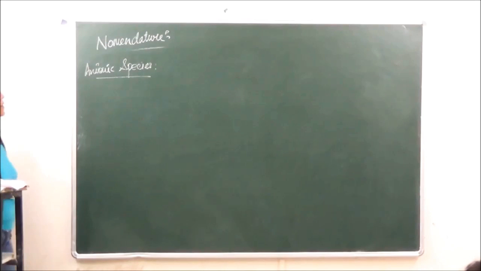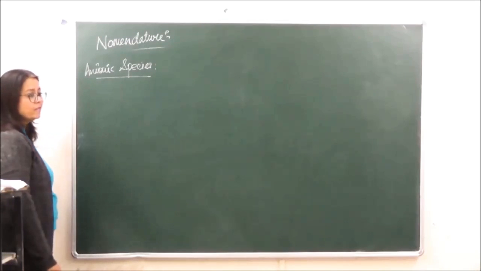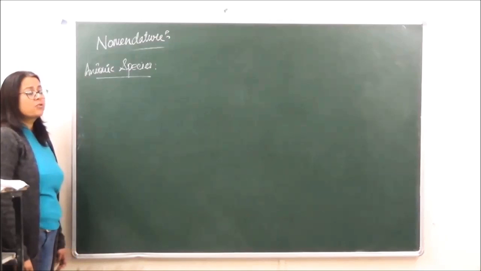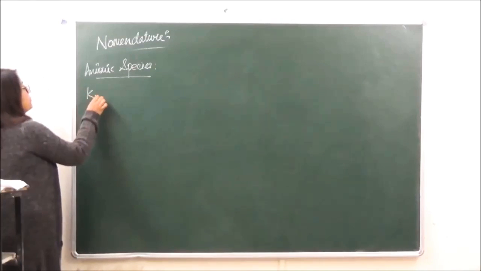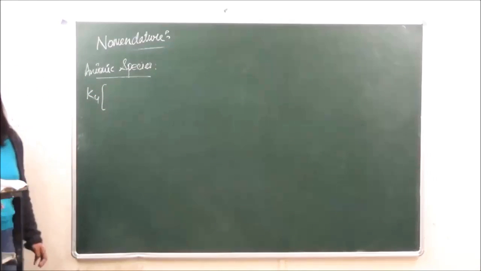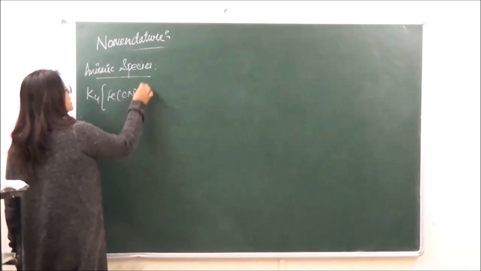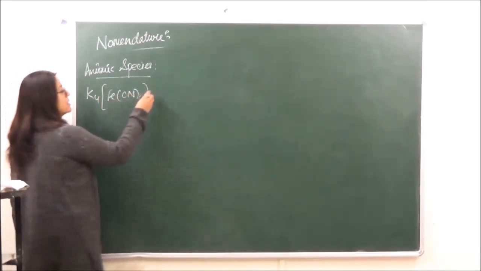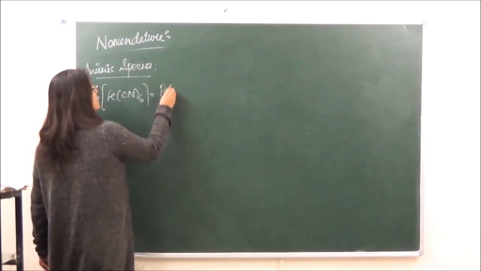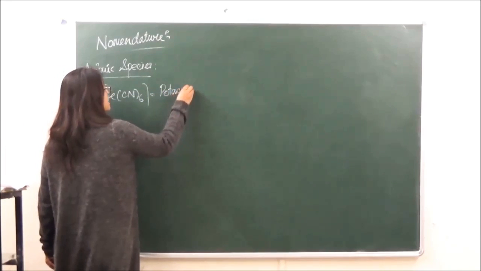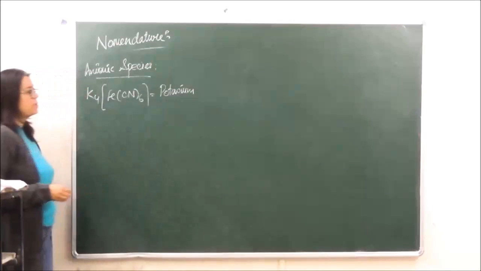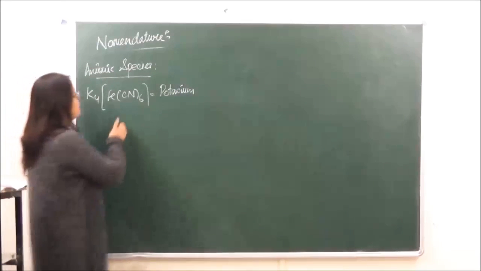Over here the coordinate entity is going to have a negative charge and the counter ion is going to have a positive charge. So we're taking the first example, K4 Fe CN whole 6. Over here you will first name potassium, give a little space between the counter ion and the coordinate entity.